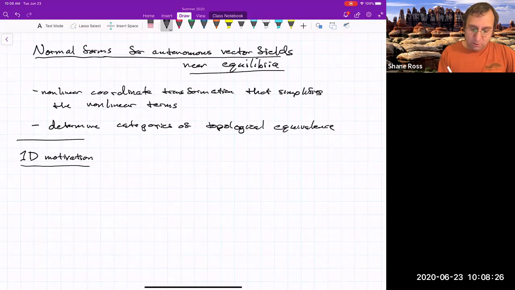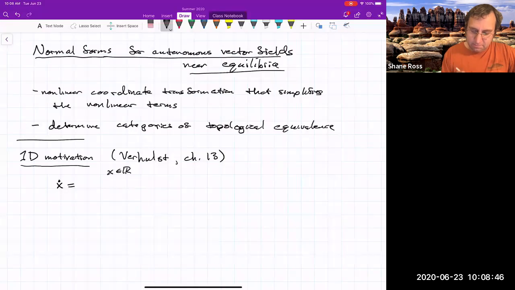All right, so a 1D motivation. This comes from chapter 13 of Verhulst. It's pretty good, which you can look at. So suppose we have an ODE, and this is just in one dimension. So x is in R, okay.